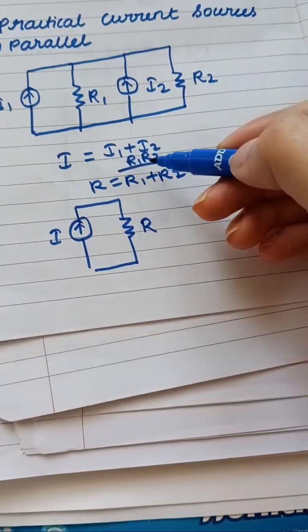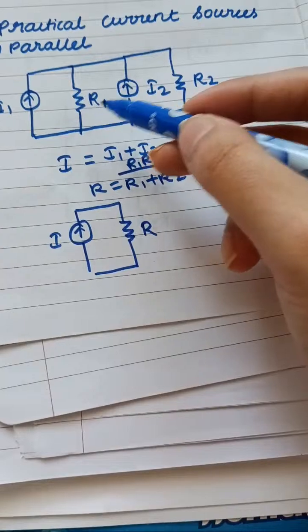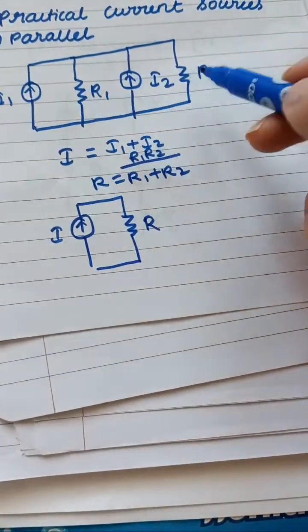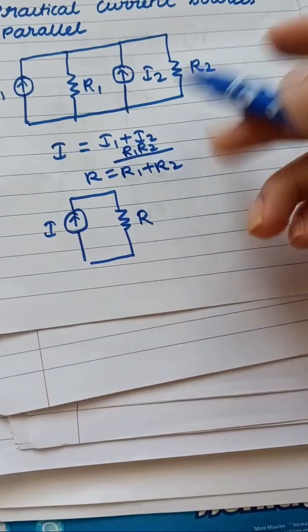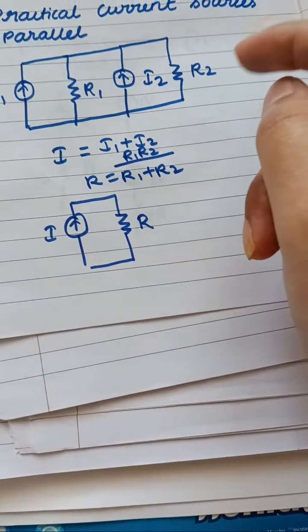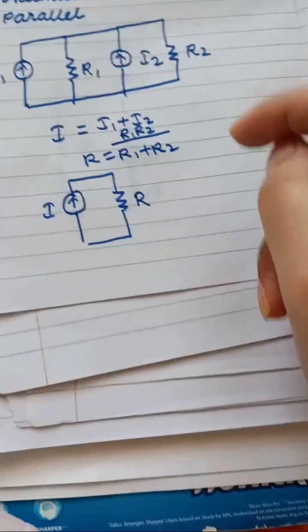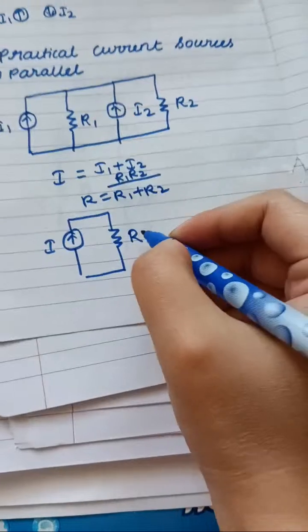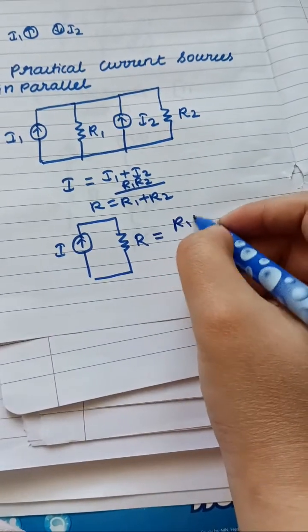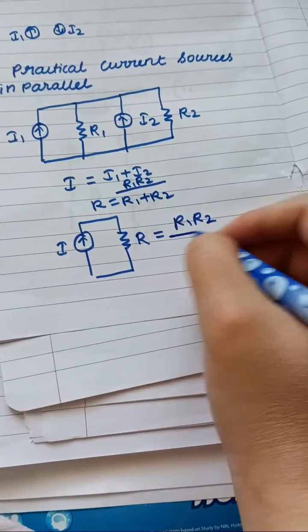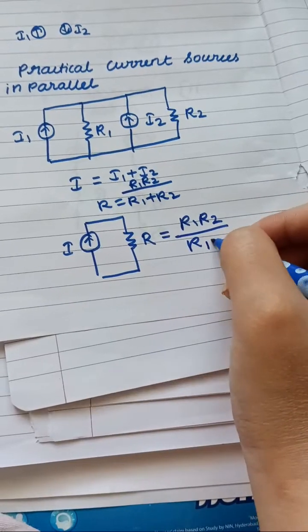I'm so sorry for telling it like this. It is two resistances in parallel, so therefore R is equal to R1 R2 divided by R1 plus R2. Fine? Okay. Very sorry if I'm missing anything, I'll tell you then and there itself. Don't worry.